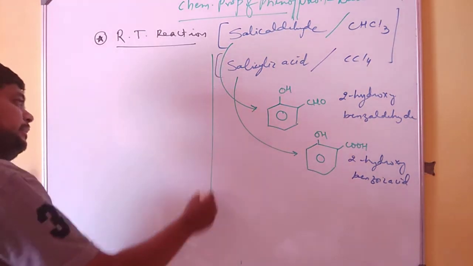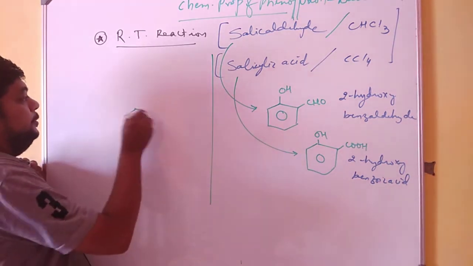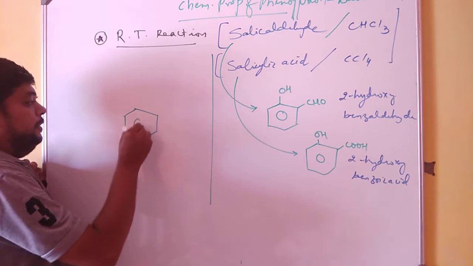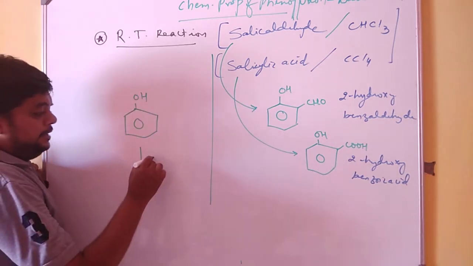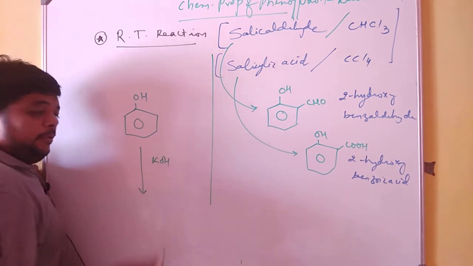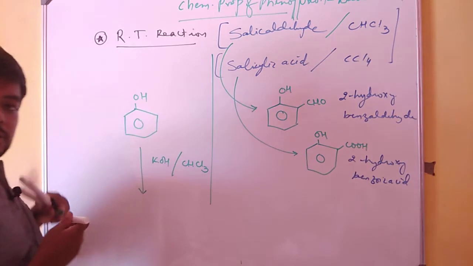Now let us begin with the procedure of synthesis. You have phenol as your starting material. It reacts in presence of a base KOH and chloroform as a reagent.